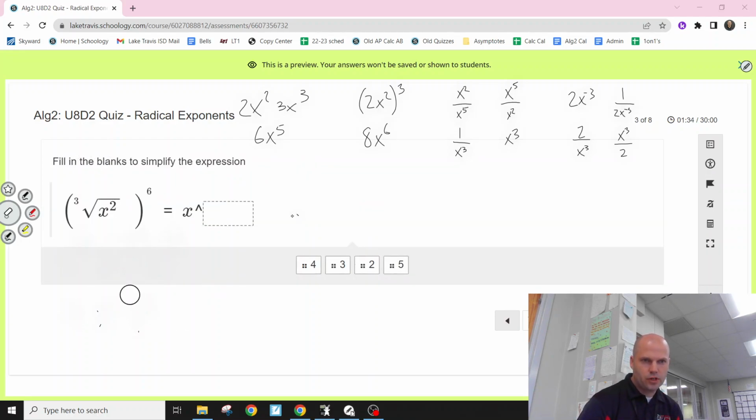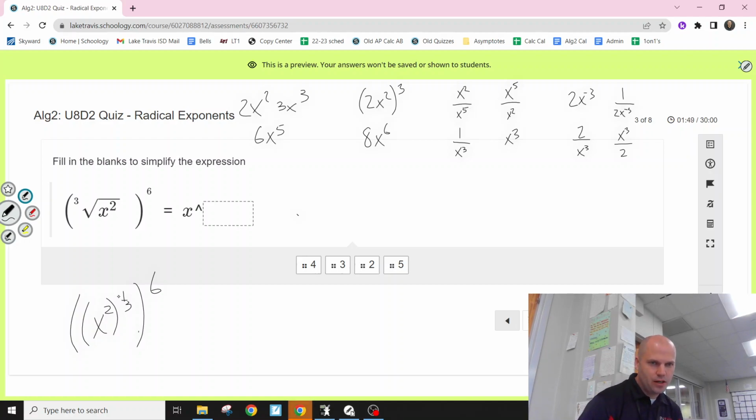This is a great one. You're going to see this on your test, something just like this. It's x squared to the 1/3 to the 6th. Now, the rule still applies if you have multiple powers going on. You can multiply all of these exponents together, 2 and 1/3 and 6.